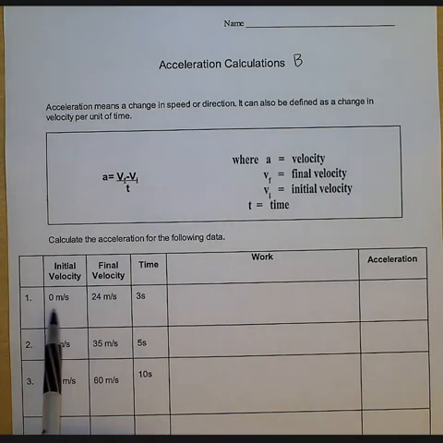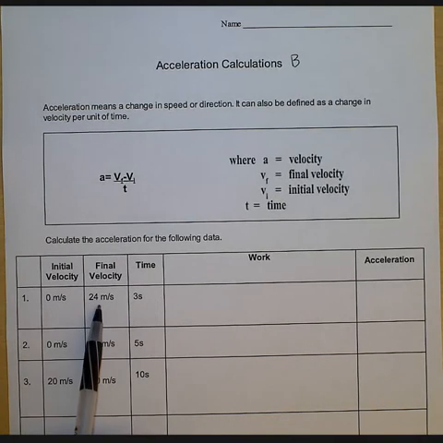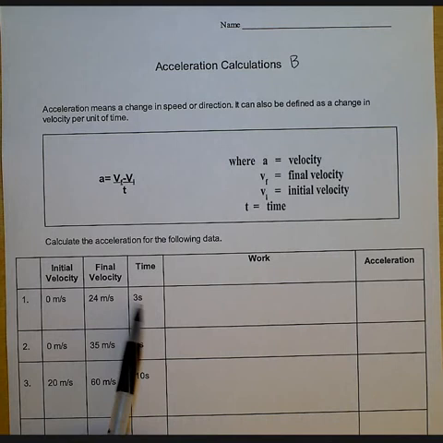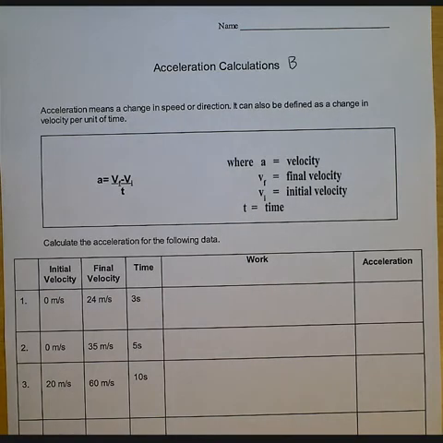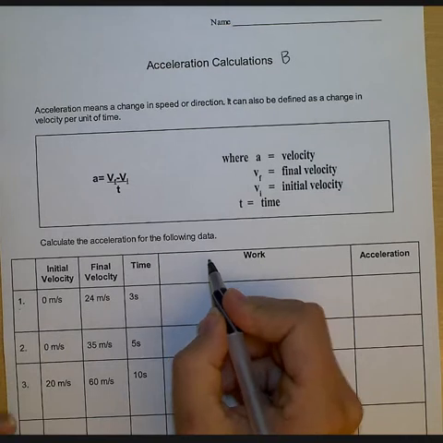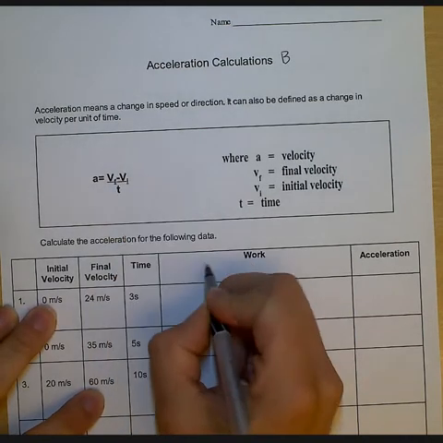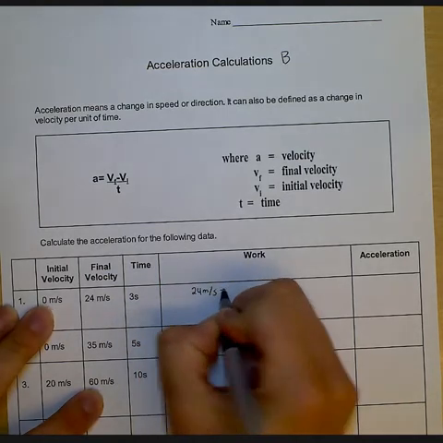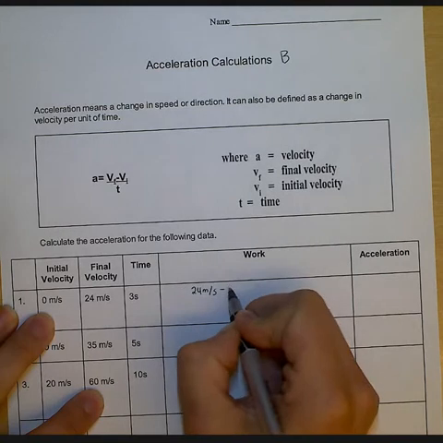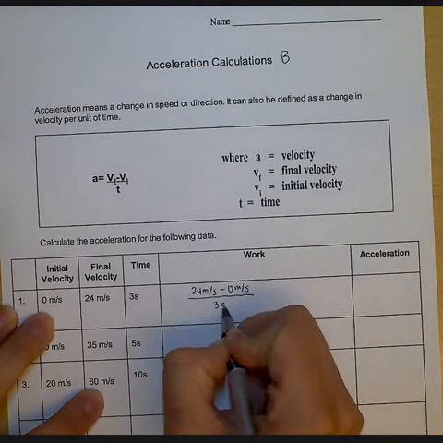It gives us an initial velocity of 0 meters per second and a final velocity of 24 meters per second, a time of 3 seconds. So now we need to plug what we have into our equation. So I'm going to take my final velocity and put it where VF would be, so 24 meters per second, and I'm going to subtract 0 meters per second and divide that by the 3 seconds of time I have.